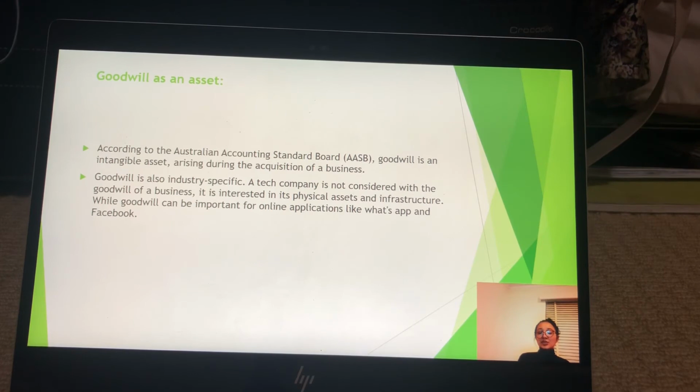Goodwill is a non-current asset appearing in the balance sheet of the company. It is also industry specific and can be important for online applications like WhatsApp and Facebook.